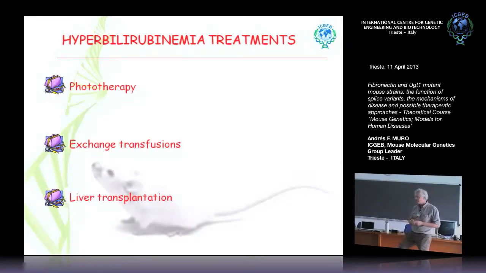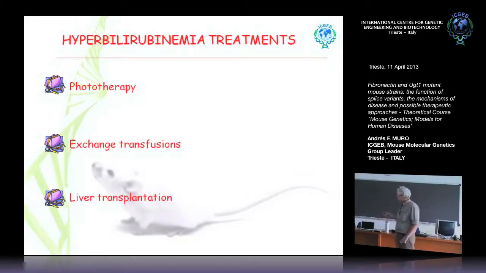This is a problem that is very frequent in third world countries, in Africa and Indonesia. Babies suffer from hyperbilirubinemia and kernicterus, even death, very frequently, and then have motor problems, deafness, and other types of problems.